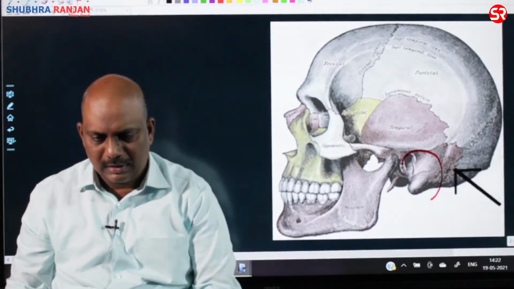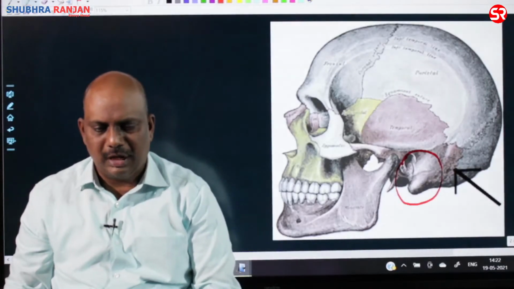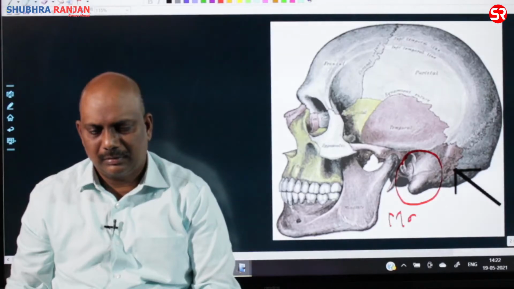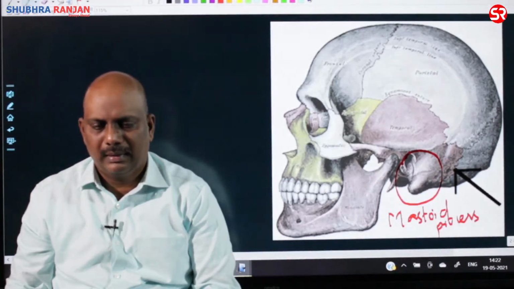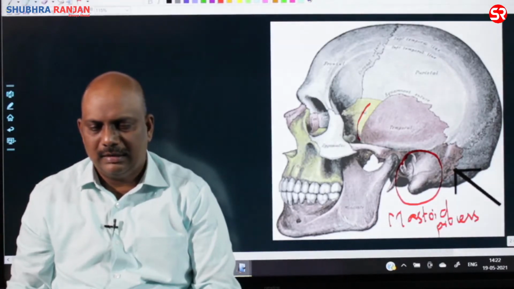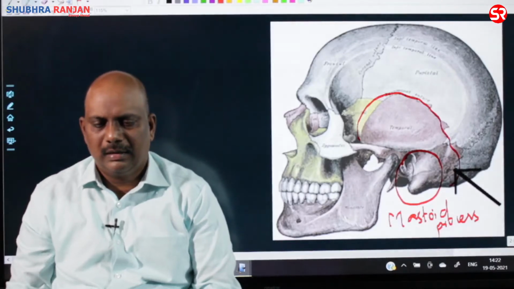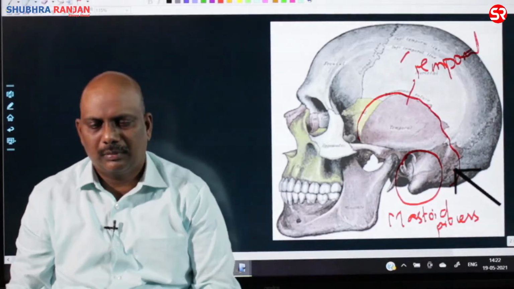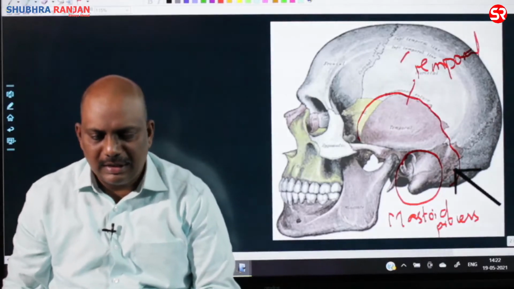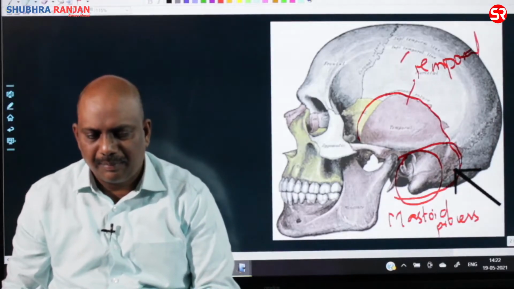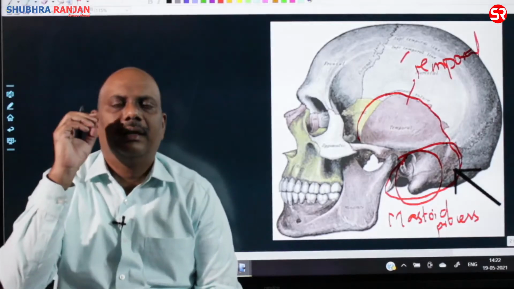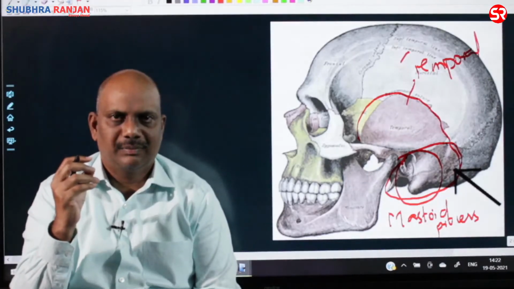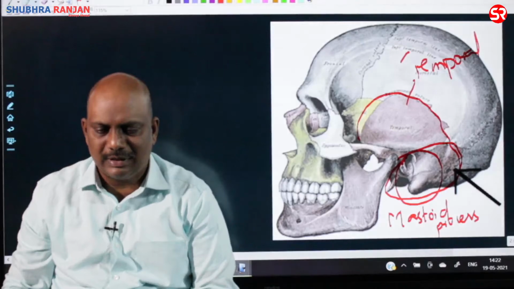This is the mastoid process. This larger thing, this is the temporal bone, and this region is the mastoid region. Now I will show you the muscles which are attached here.